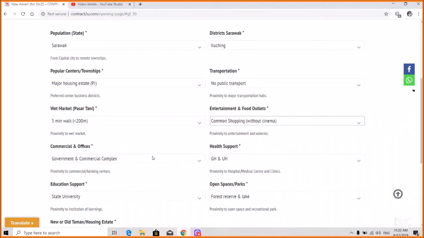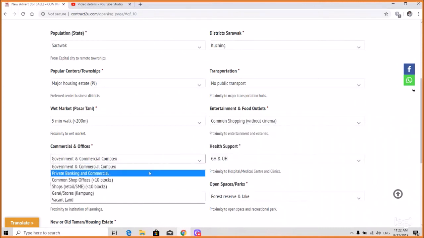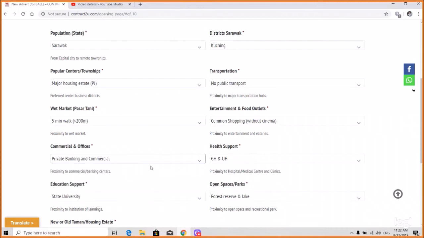And then there are also commercial banking businesses in the shop lots in front of the development area. So basically MJC is a new township with a lot of commercial and banking facilities. The bank here is actually RHB Bank. Previously they were Maybank. Now we have only RHB Bank outside.